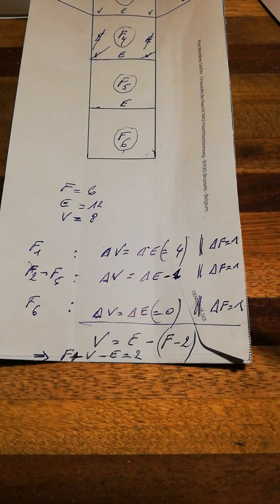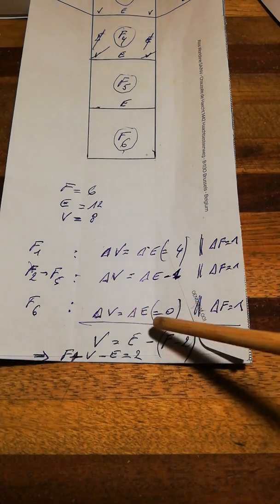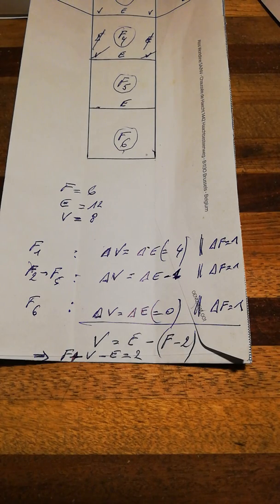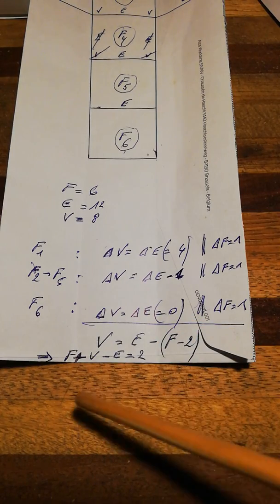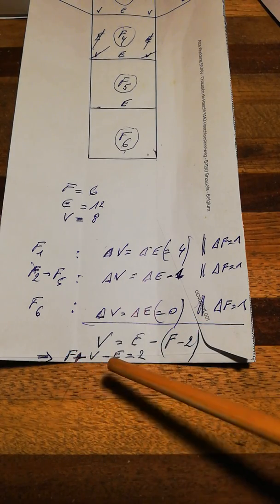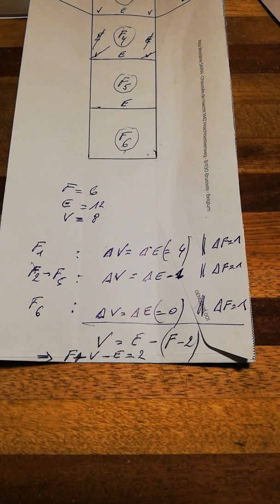With a negative sign, because it's negative 1, so it will be a negative F minus 2. And if you rearrange that identity, you will come to what I had said at first, with the two isolated on the right hand side of the expression. F plus V minus E equals 2. Okay.